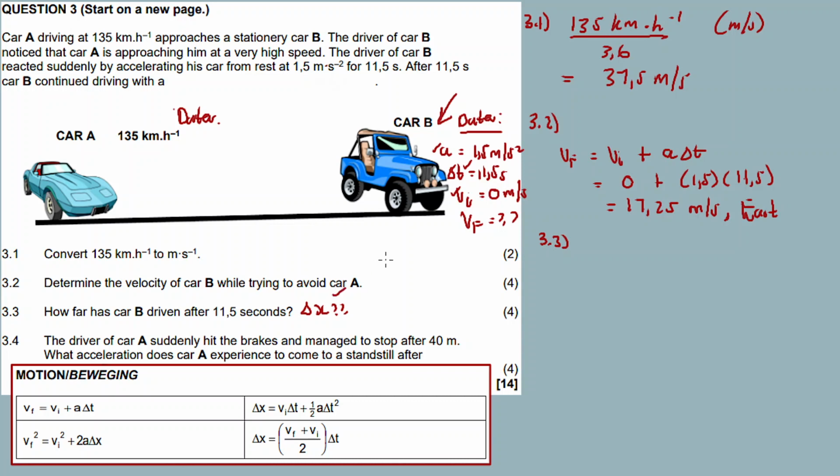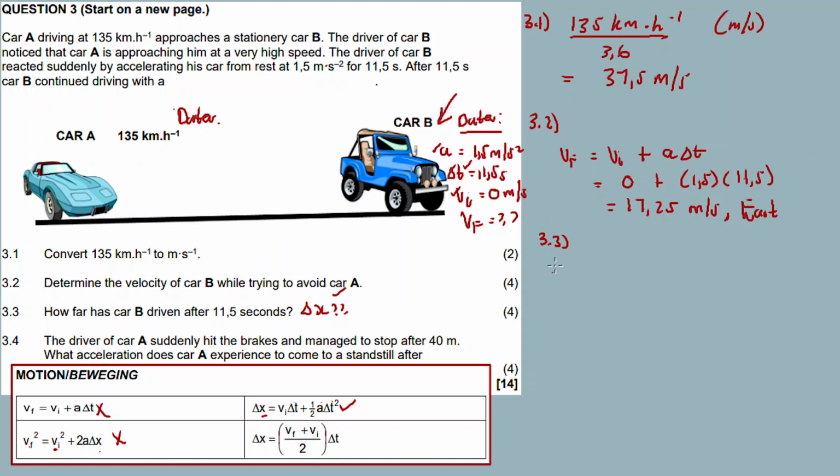Which formula is that? Here delta x is missing, so we can't use it. Initial velocity, alright, I want the one without a final velocity. This one has final velocity. This one here has initial velocity, acceleration, delta t. Okay, now equation 3, this one.